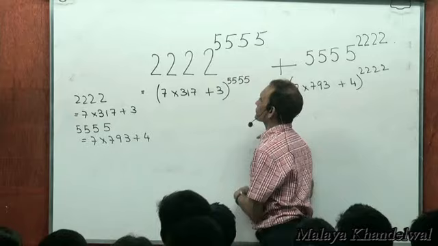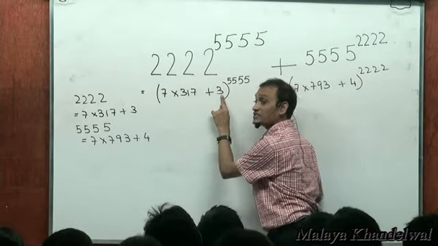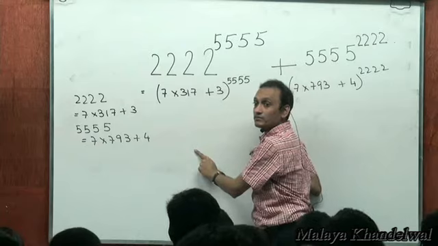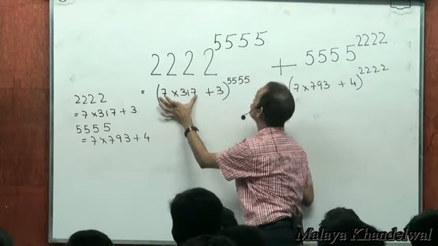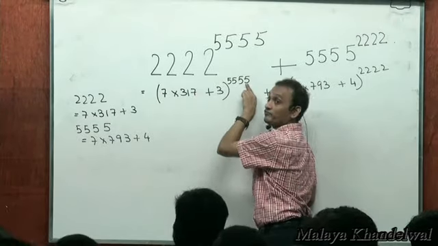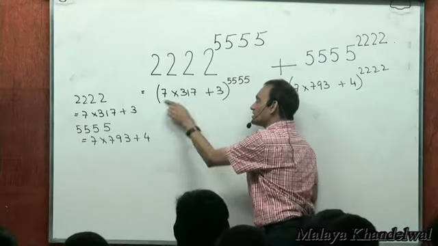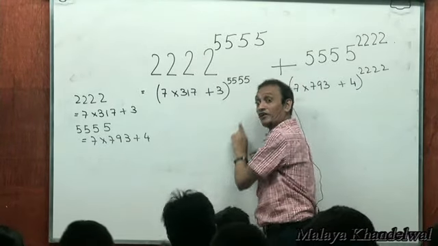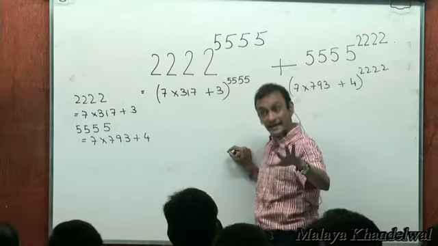Realize that except for the last term, which is 3 to power 5555, everything else will contain a 7. nC0 into this to power 5555 plus nC1 this to power 5554. Right? All terms will contain 7 except the last term. What's the last term? 3 to power 5555. That's the only one that will not contain 7.